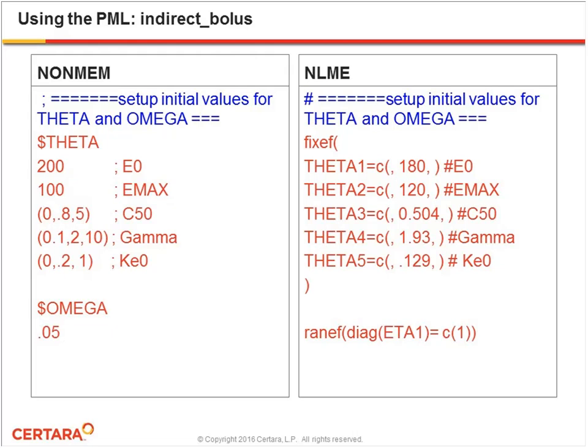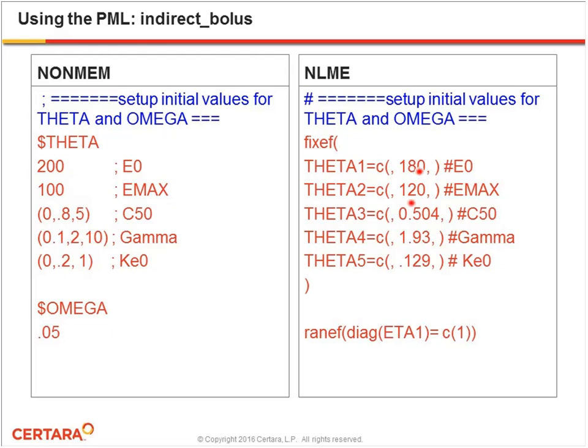The syntax on the right-hand side for NLME is a little bit different, so we put everything into the fixed F statement. And here we just need to name the fixed effects, in this case theta 1, 2, 3, 4, 5, and then as kind of a vector expression C, which encloses the same kind of three arguments that you specify here for NONMEM on the left-hand side, so lower boundary, initial estimates, and upper boundary.